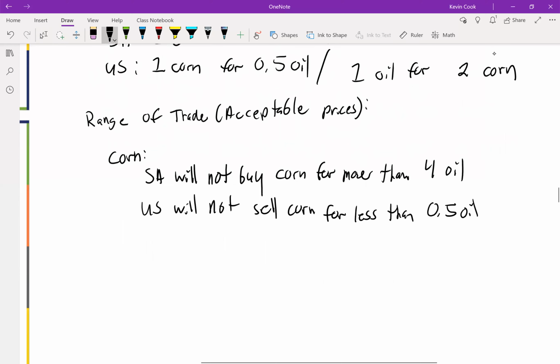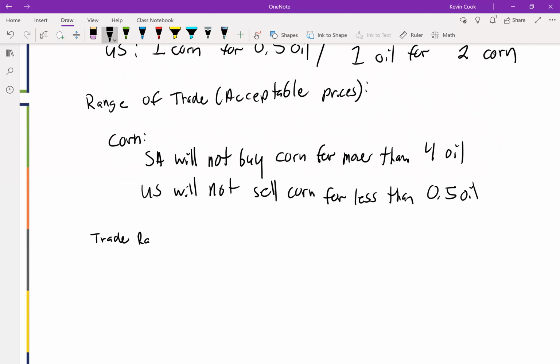So what this is going to give us is our trade range. I guess we might say the price will be somewhere between 0.5 and 4, that is, oil per corn.